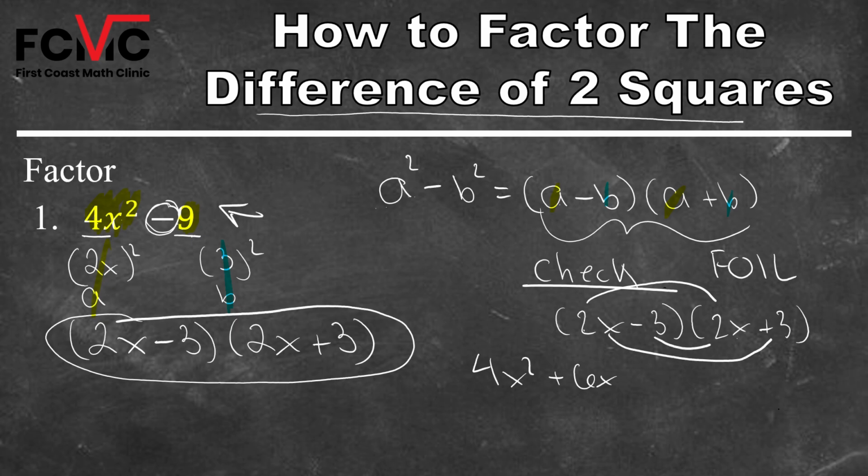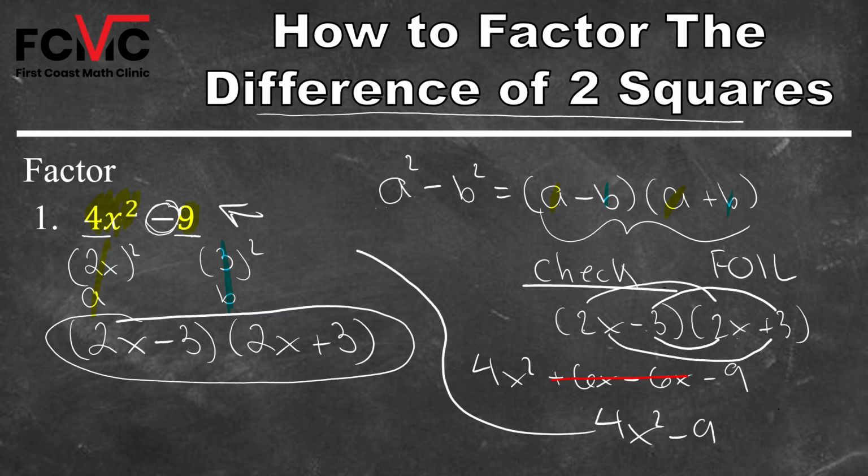Inner, 2x times negative 3 gives me negative 6x. And last, negative 3 times positive 3 gives me negative 9. Those middle two terms, outer and inner, cancel out. So I'm left with 4x squared minus 9, which was our original example. So our answer checks. All right, let's get into examples 2 and 3.